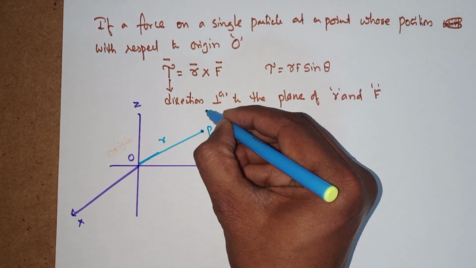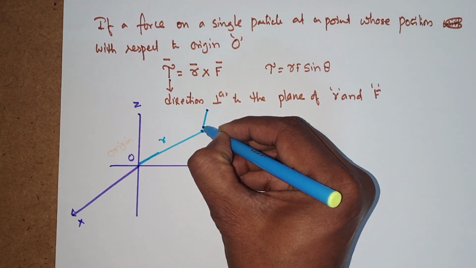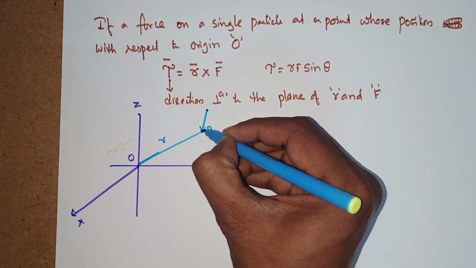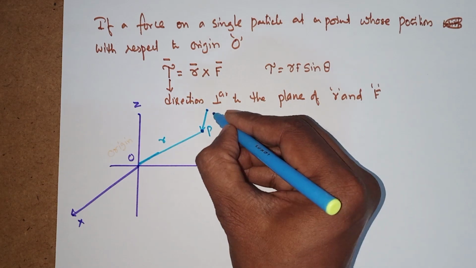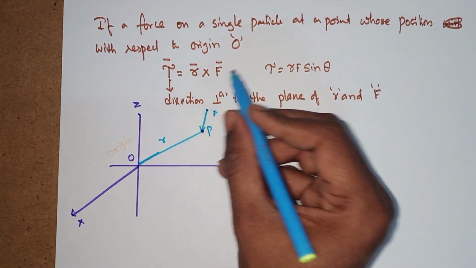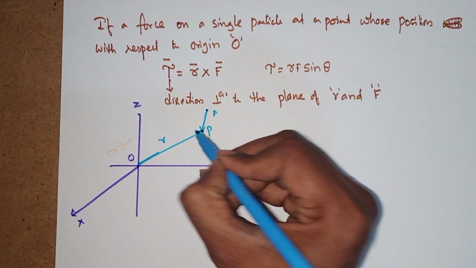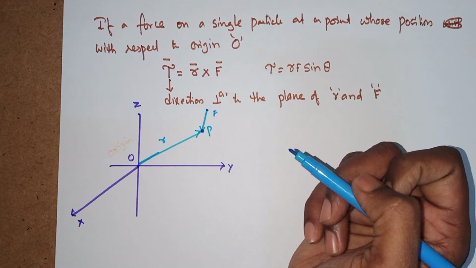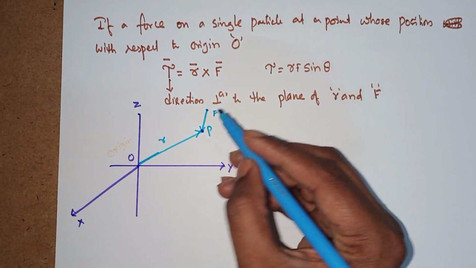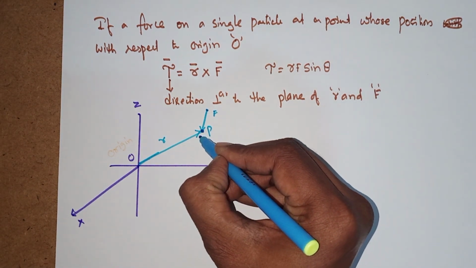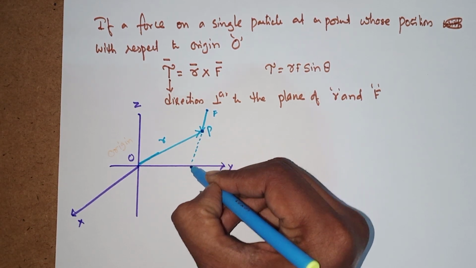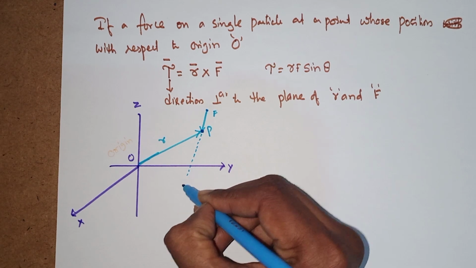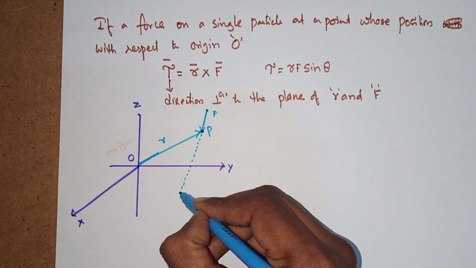Let's say this is the force applied. Now from r to f, we may measure the angle. This is the r vector. Now we will extend this one. This is called the force direction applied.